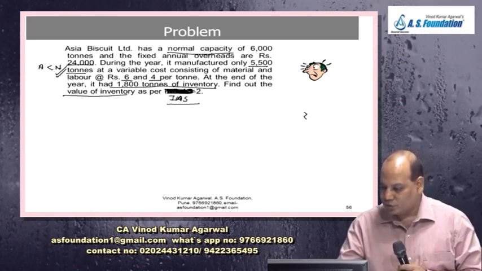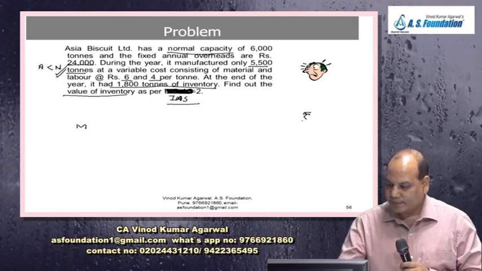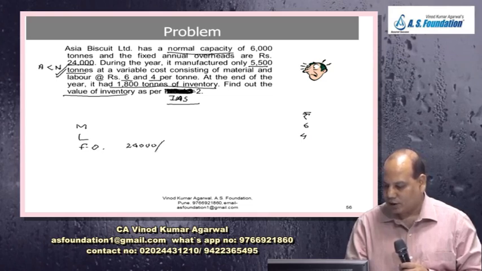So, first what you should do in this problem, find cost per unit. Material cost 6 rupees, labor 4, factory overhead or fixed overhead per unit 24,000 rupees divided by 6,000 or 5,500? Normal capacity, because normal capacity is higher. So it comes to 14 rupees per unit, cost per unit.